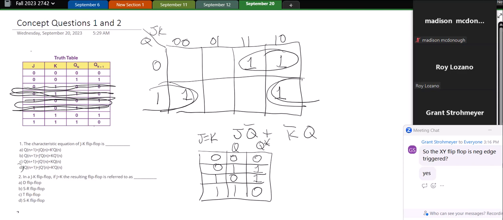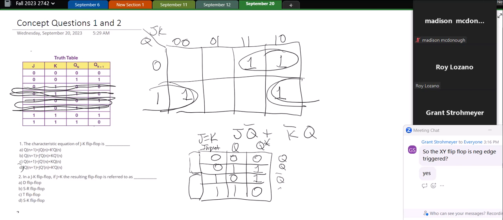So now let's look at this without thinking about J and K and just say, okay, I've got my input here, whatever this input is. And when my input is 0, Q and Q star are the same. So I could just say that's Q. When my input is 1, my output is the complement of my input.